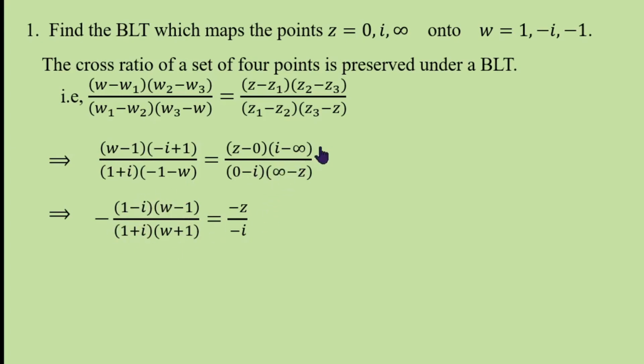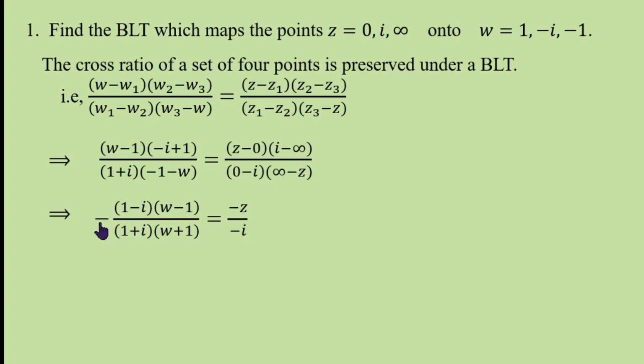In the right hand side, since there is infinity, take the coefficient of the infinity that we discussed earlier. Now coefficient of infinity is minus Z in the numerator. In the denominator, infinity into minus i, so it is minus i. Now cancel this minus sign, Z by i. Here (1 minus i) by (1 plus i), multiplying and dividing by 1 minus i, numerator becomes (1 minus i) whole square, that is 1 square plus i square minus 2 into 1 into i, minus 2i. 1 square is 1, i square is minus 1, their sum is 0.